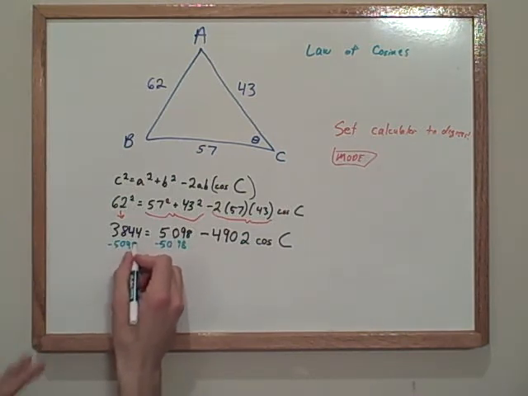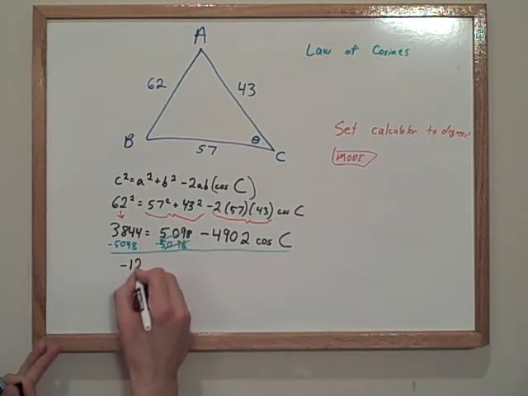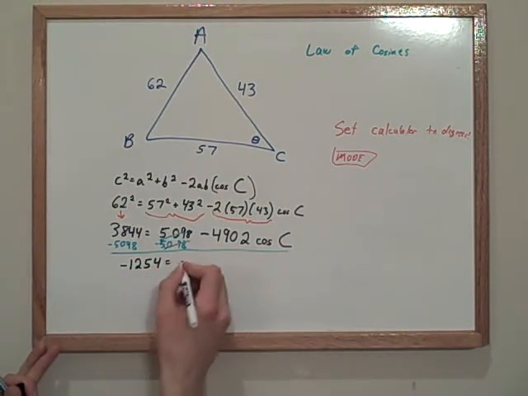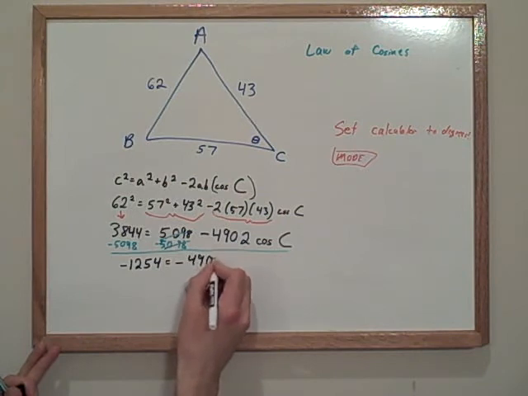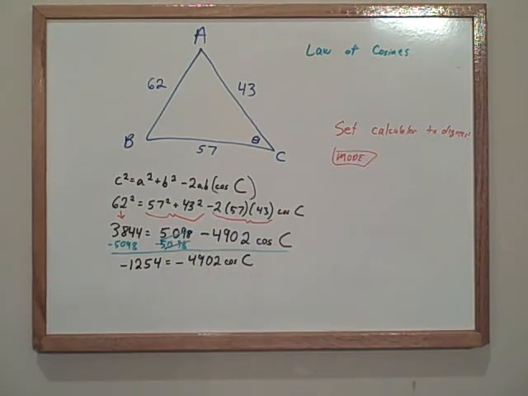Subtract 5,098 here. It's going to cancel those, which is kind of the whole point. 3844 minus 5098. Negative 1254. Don't panic that it's negative. It's okay. Equals negative 4902 cosine of C.